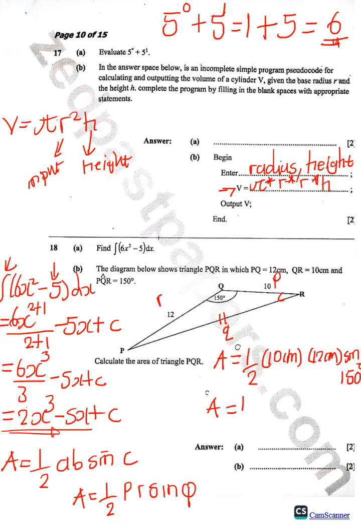So now we can say we have half times 10 times 12 times sine 150, which is half or 1 over 2. So let's now reduce.